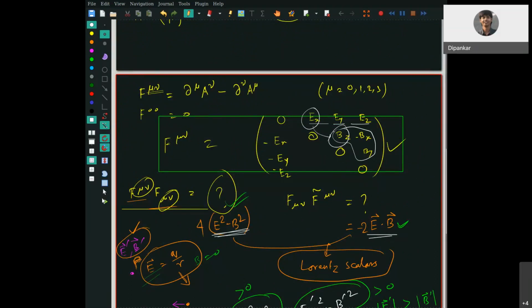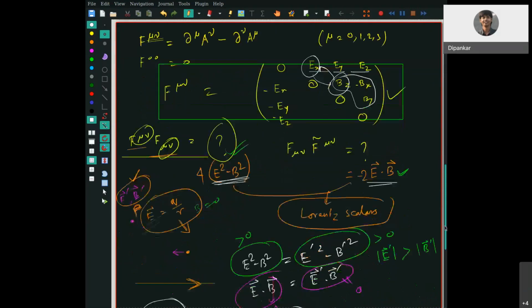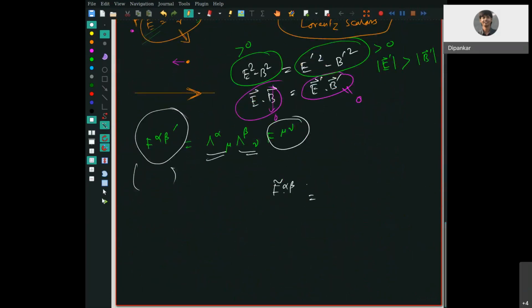So E comes here and B comes there. Okay. So you do that, then you will find out what it means. So it's defined as epsilon mu nu alpha beta F mu nu. And this epsilon mu nu alpha beta is the completely antisymmetric tensor of rank 4.